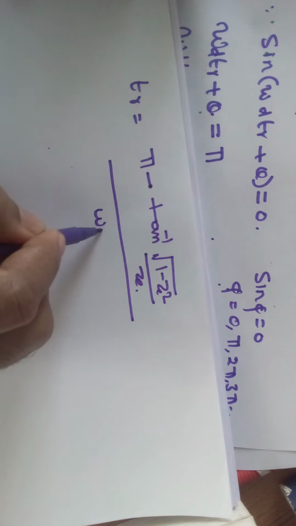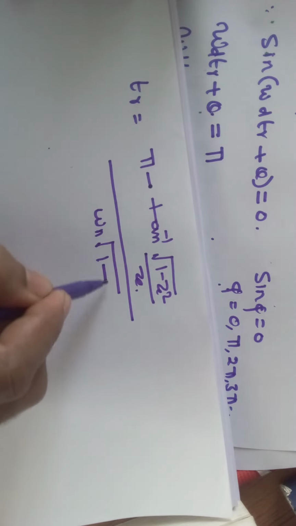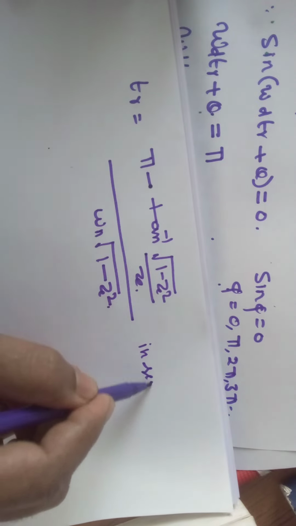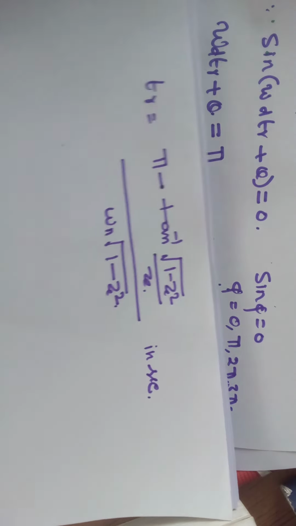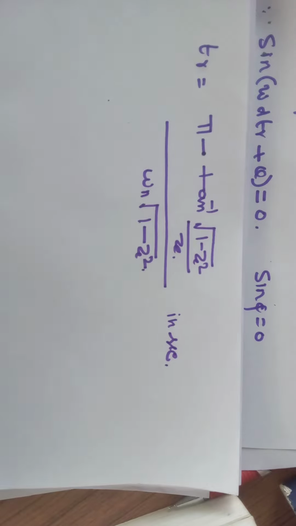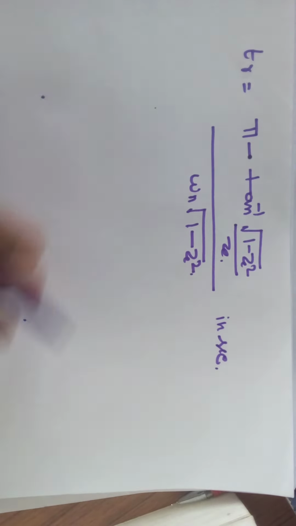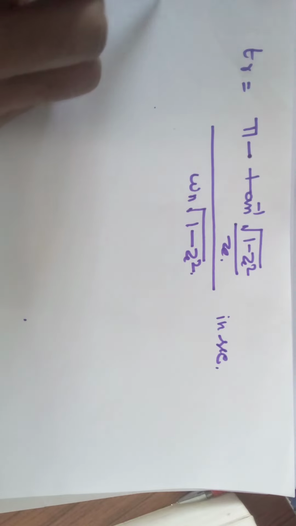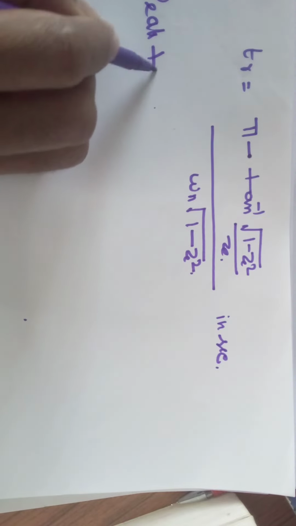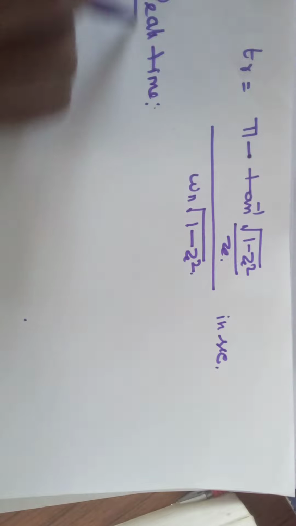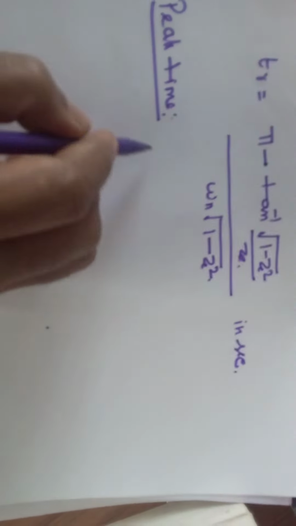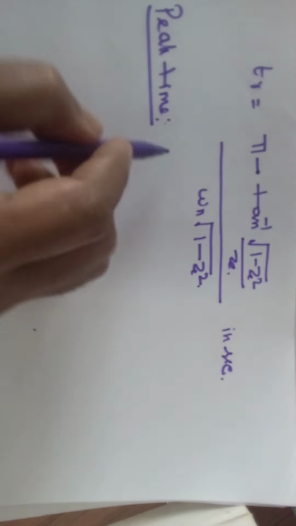Omega d is omega n into square root of 1 minus zeta square. So, this value is in seconds. This is time, right? This is the derivation for tr, or rise time. The next derivation is for peak time, which we will represent as Tp.